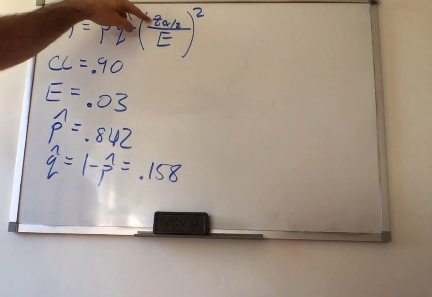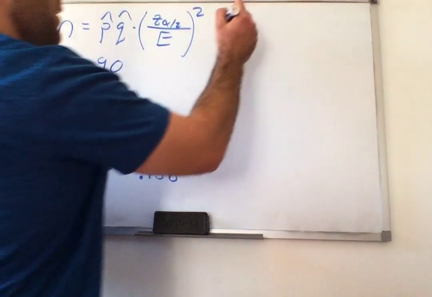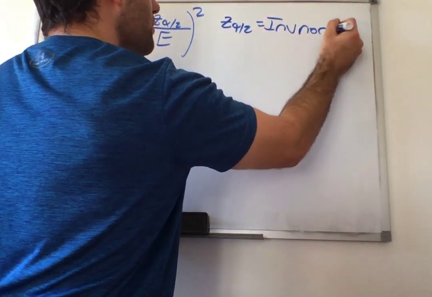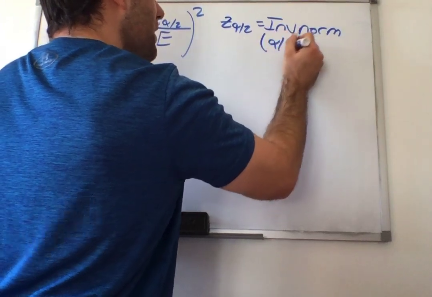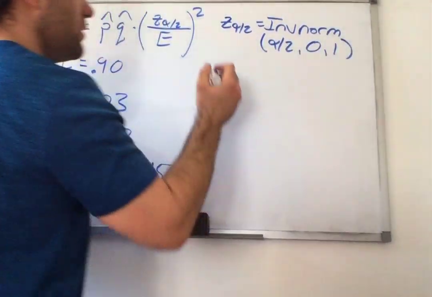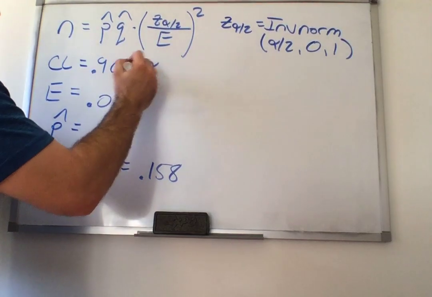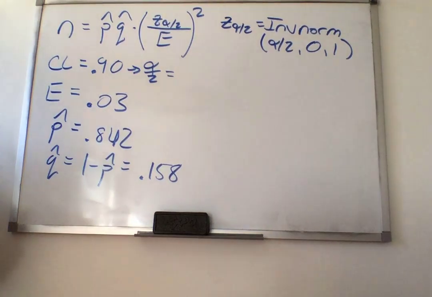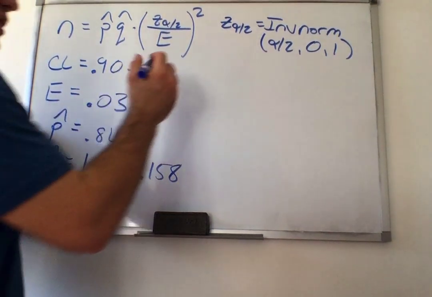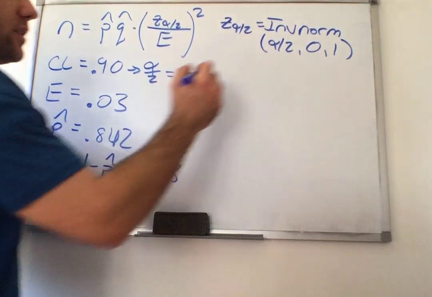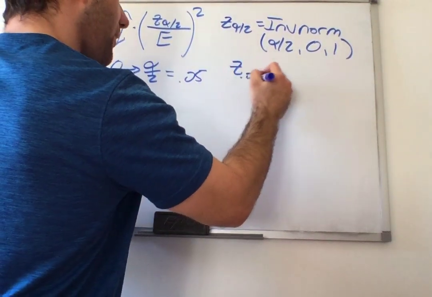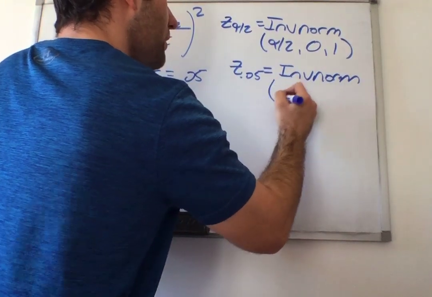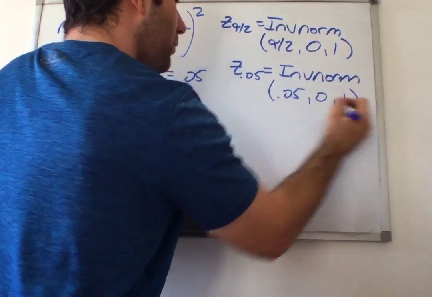We actually do need to calculate the z of alpha over 2. If you just remember, z of alpha over 2 is just inverse norm of alpha divided by 2, 0, 1. So I'm just going to give you alpha over 2 real quick. If you do 1 minus 0.9, you get 0.1. 0.1 divided by 2 is 0.05. So z of 0.05 is equal to inverse norm of 0.05, 0, 1.